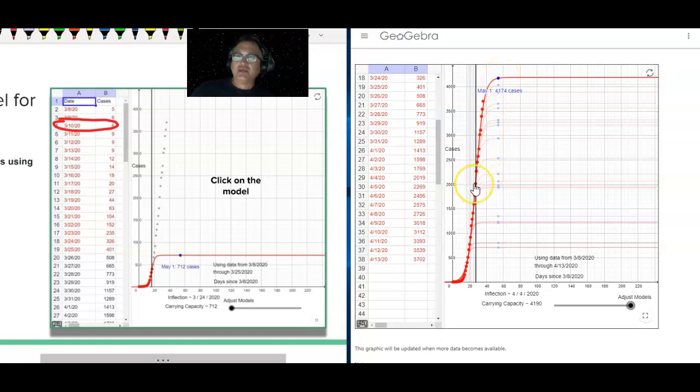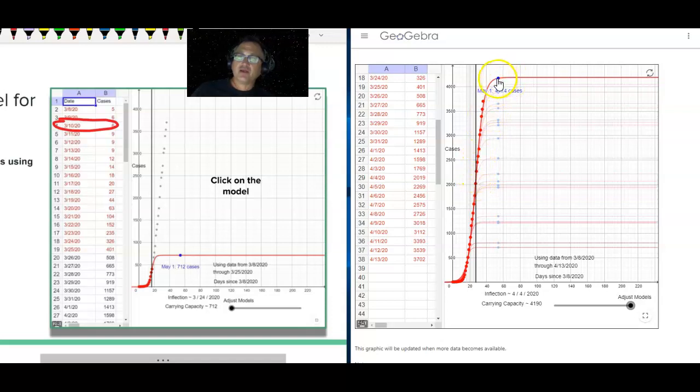So if indeed the point of inflection happened on April the 4th, then the number of cases in the state we could have estimated at 4,174. And that's using the fact that the point of inflection, which is right here, is at about 2,000 cases.